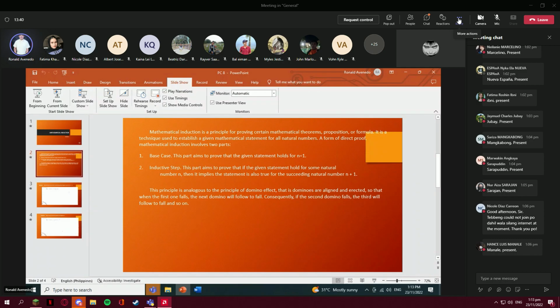So once it is proven to be wrong, even in the first part, then do not continue the proving. You can write immediately a conclusion that the statement is false, since, for example, n equals 2 is false. The bottom line here is if even the first part of the proving is already false, then do not proceed to the next step.